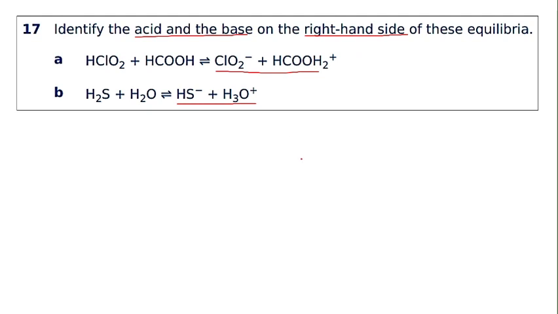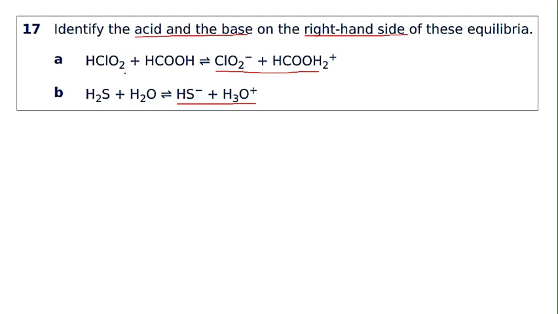Here, to check from the product side, you have to first of all get an idea of conjugate acid and base pairs. For this reason we have to check the reactant first. We have to identify the acid and base from the left side first. Only then we can check the acid and base from the right side.